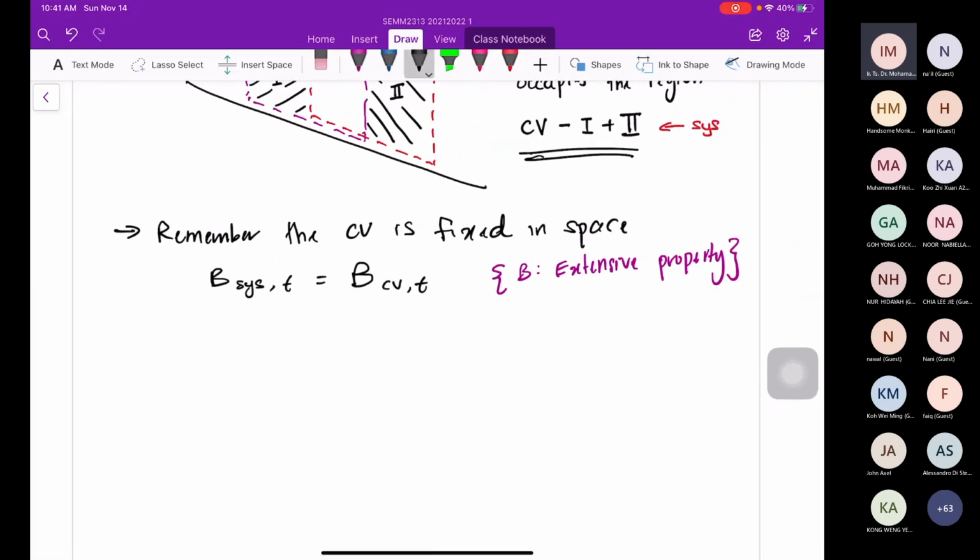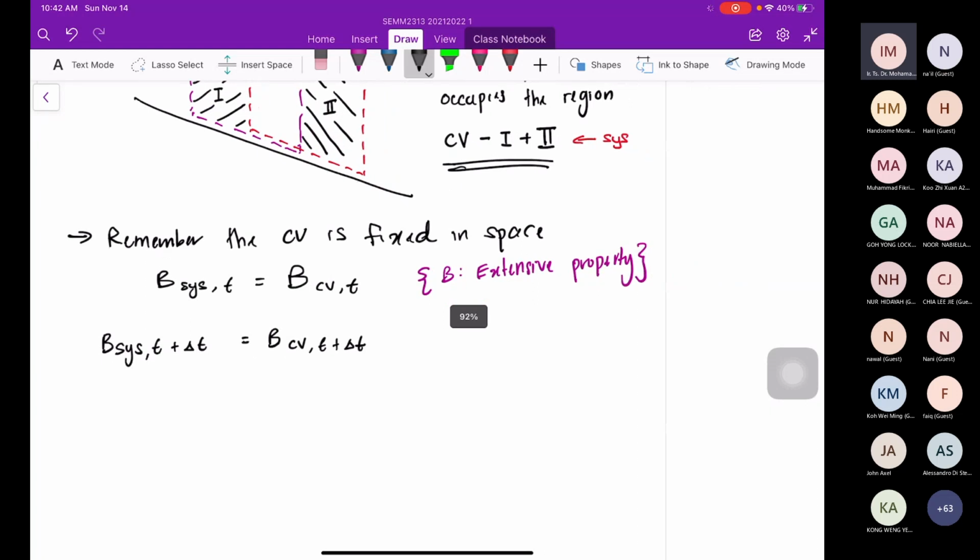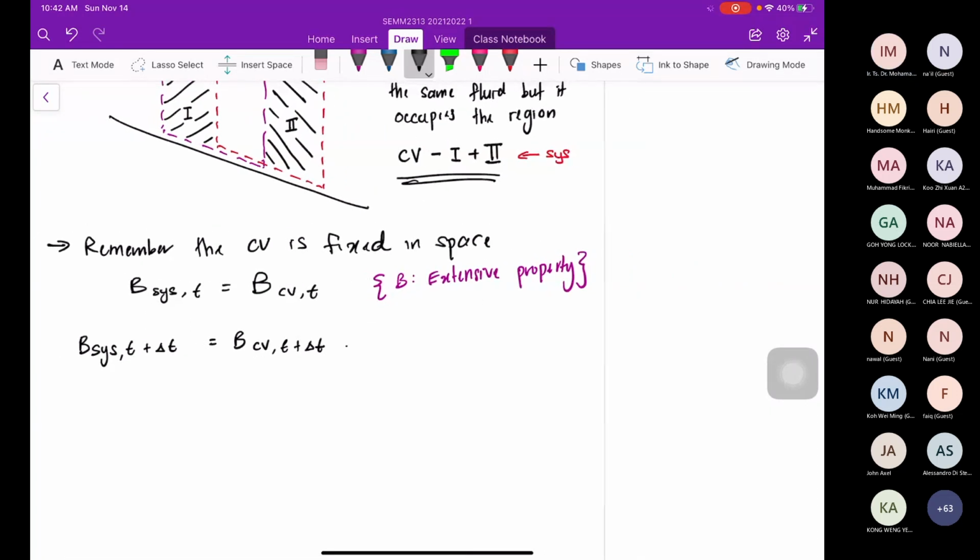And then after t plus delta t, B of the system at time t plus delta t equals B of the CV at t plus delta t, minus B of region 1 at t plus delta t, plus B of region 2 at t plus delta t.